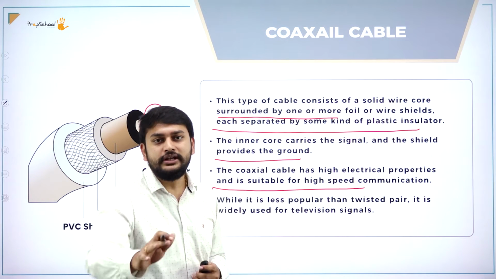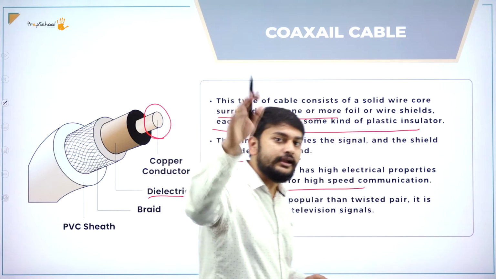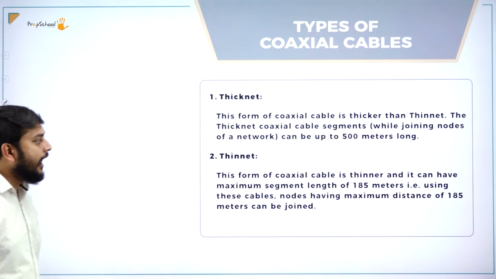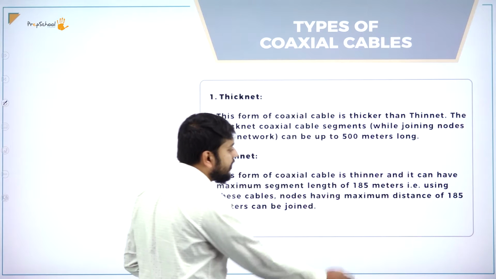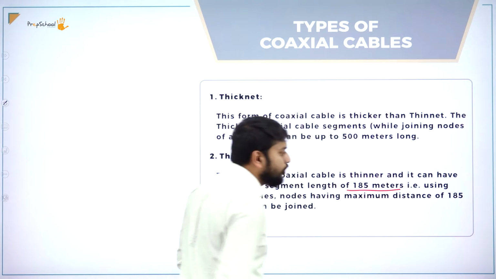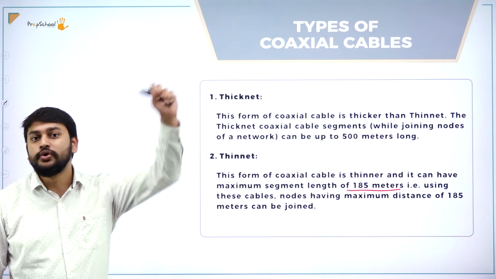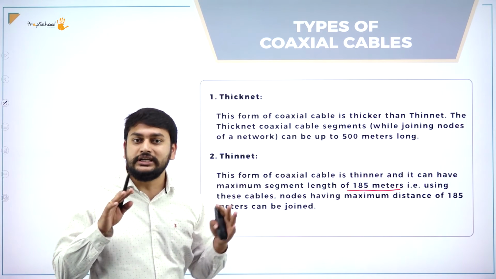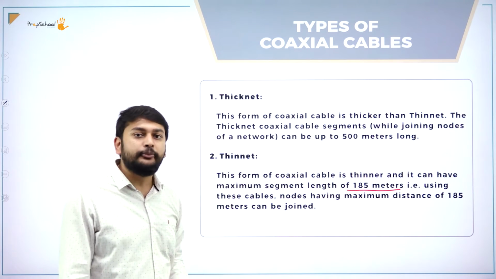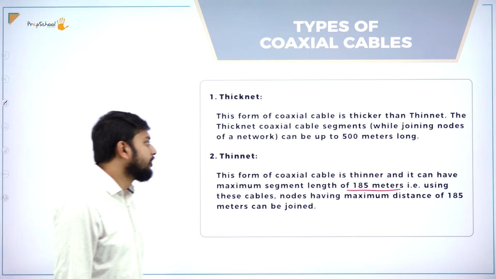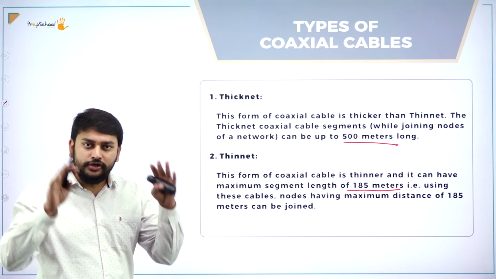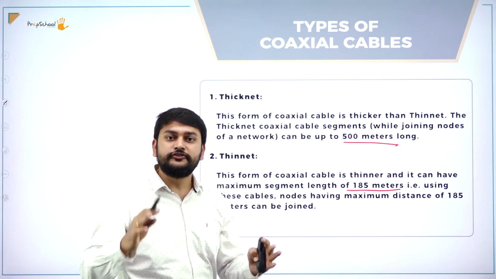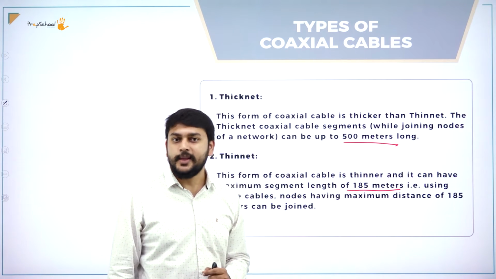When it comes to thin net, I can transmit 185 meters. But when it comes to thick net, I can transmit up to 500 meters. That's the only point you need to remember with respect to the different types of coaxial cable.